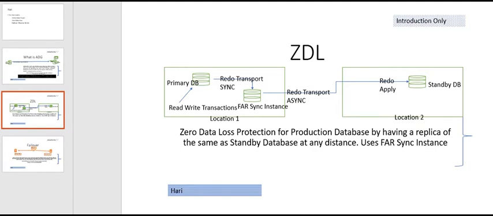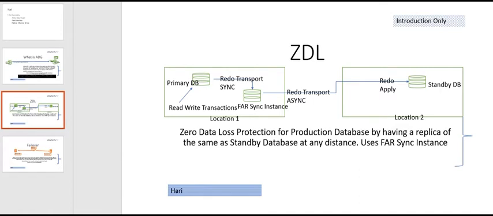The redos will come to the far sync instance, and from there, in async mode, the redos will go to the standby DB. Sync and async are two terms which are very important when we talk about acknowledgement.